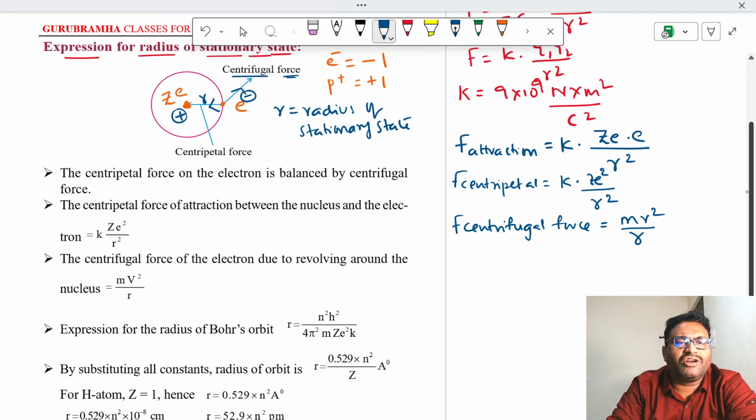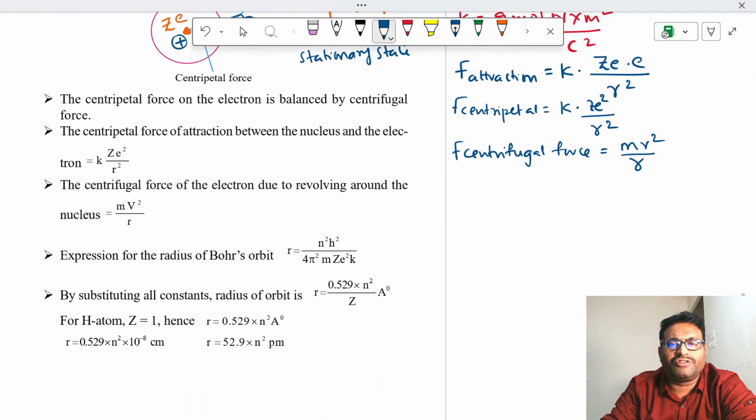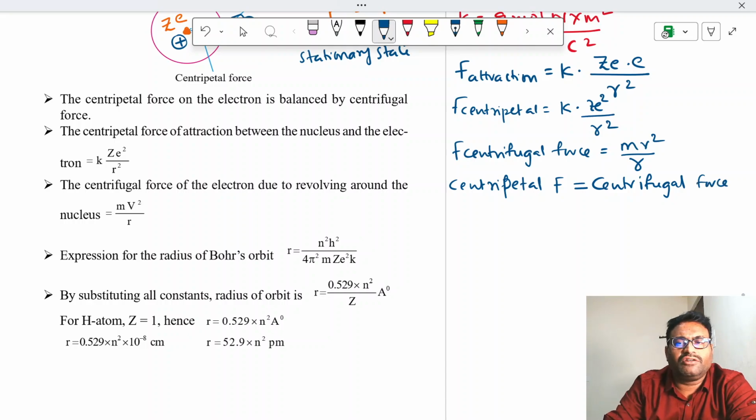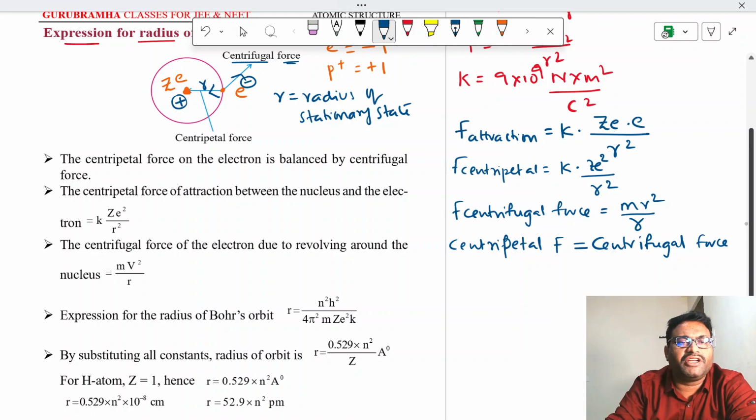So when does the electron revolve in that particular orbit without coming inside or going outside? When the centripetal force is equal to the centrifugal force, the electron moves in that circular stationary state without going outside or coming inside.